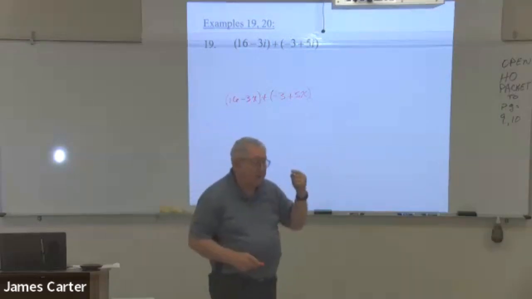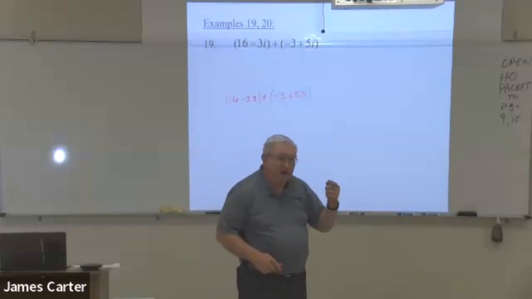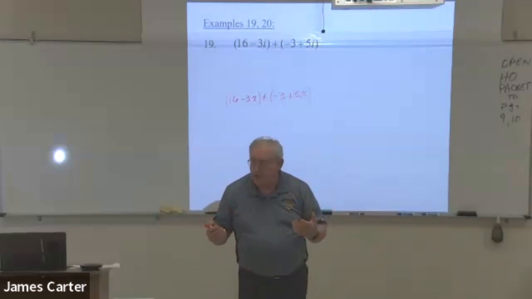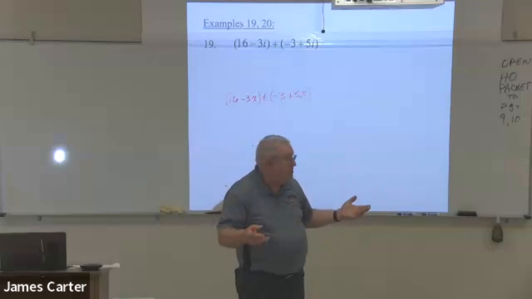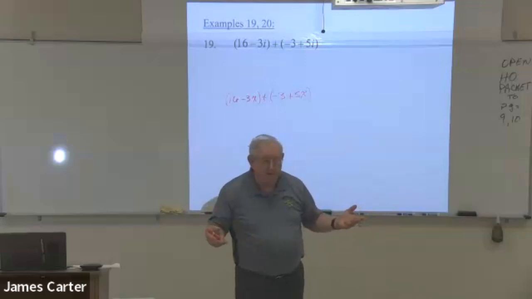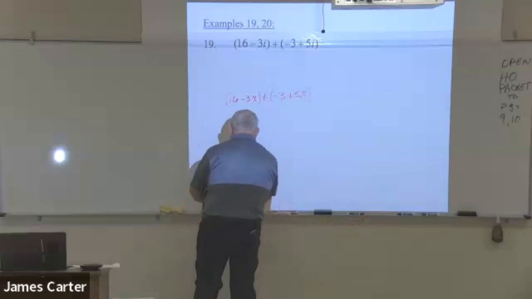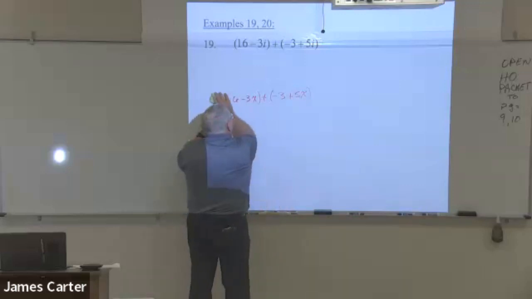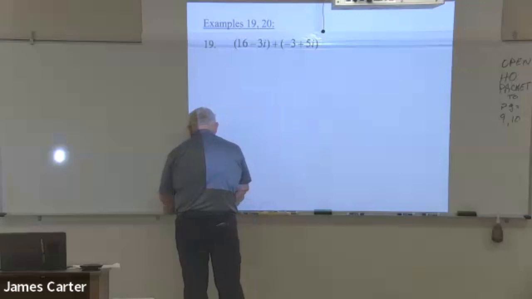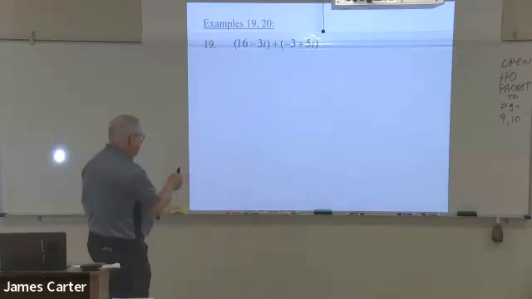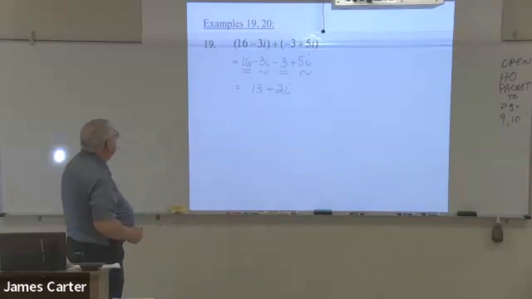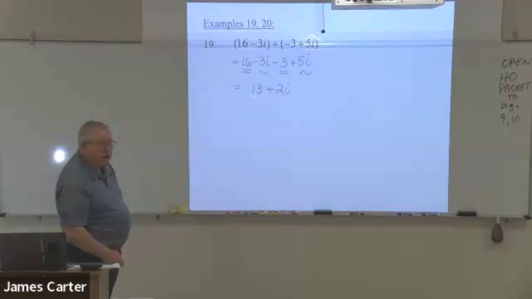It performs the role as an identifier for an imaginary number, and it also behaves like a variable. So we're simply going to add numbers with numbers, i's with i's. We're going to combine these two, combine those two, end up with this, and it's got to be in that order, can't be reversed. Pretty simple on that, right?